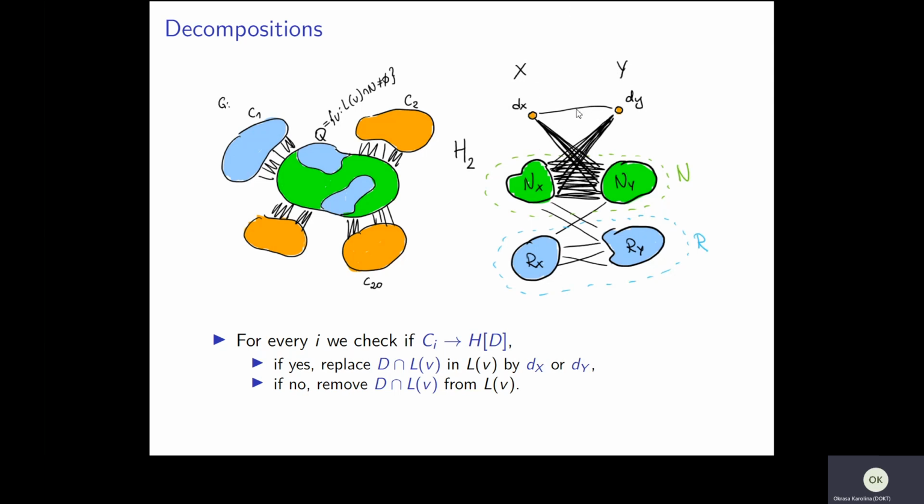And we draw this edge if and only if there was some edge between Dx and Dy. So this is like an induced subgraph of H.